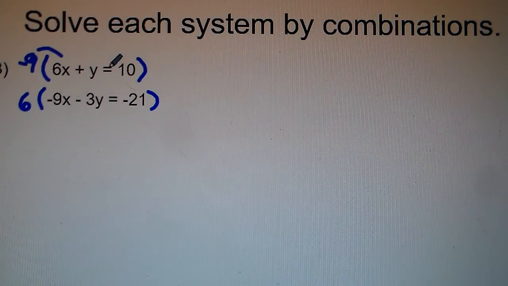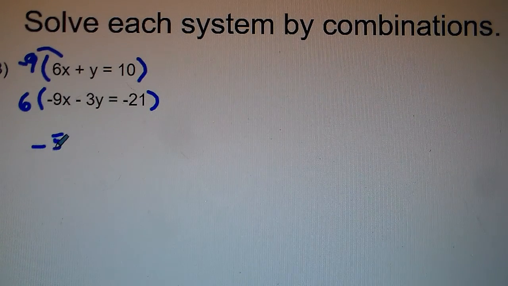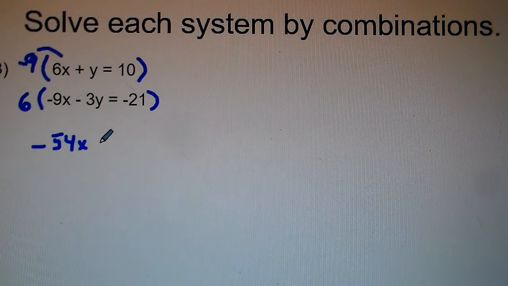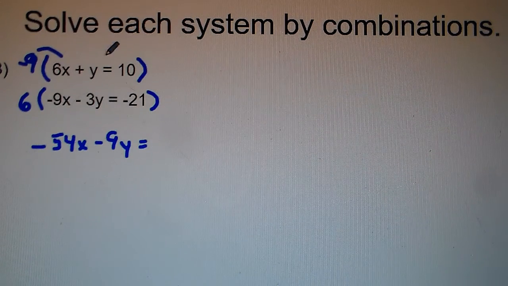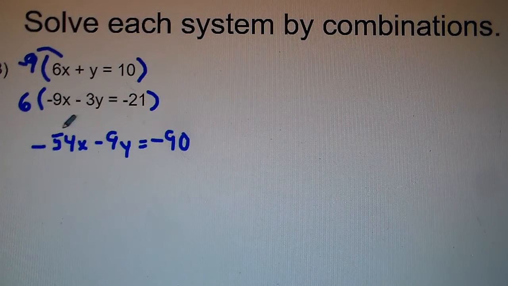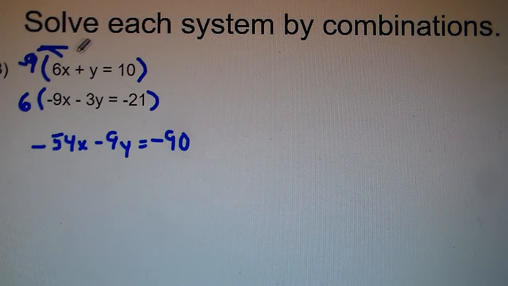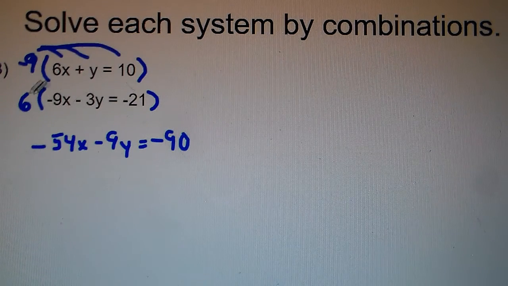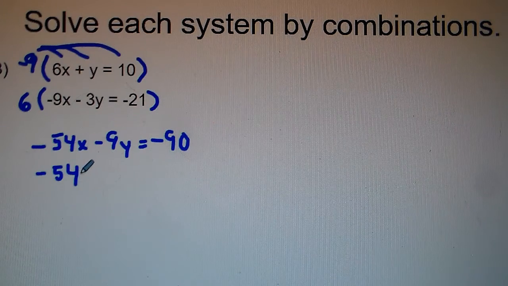Negative 9 times 6 gets you a negative 54x. Negative 9 times 1y gets you negative 9y. And negative 9 times 10 gets you negative 90. Then we distribute the 6 on the bottom, so 6 times negative 9x gets you negative 54x. Oh wait, we want to make sure one's positive, one negative.